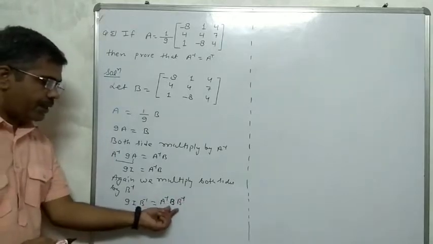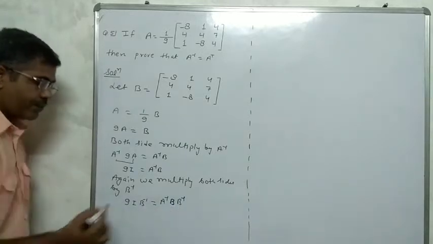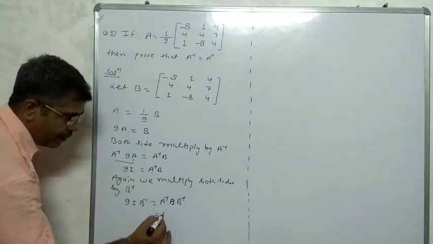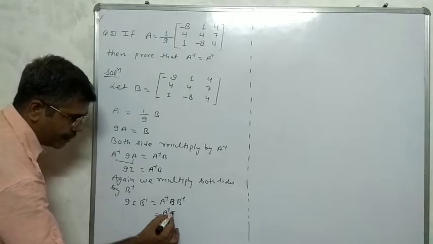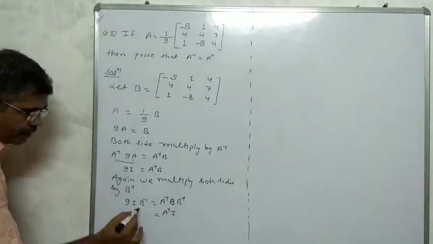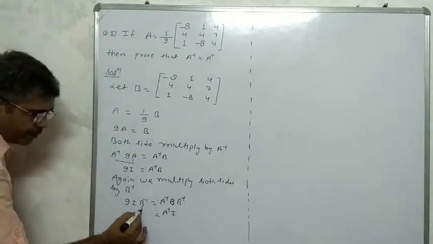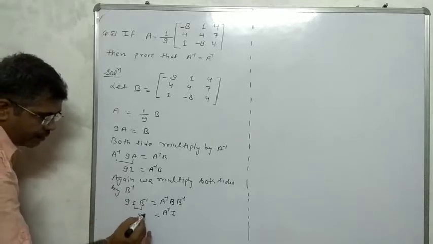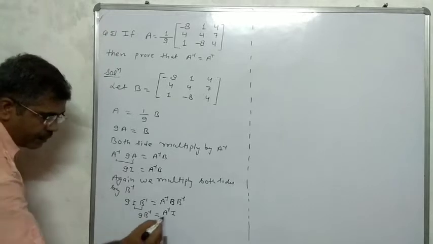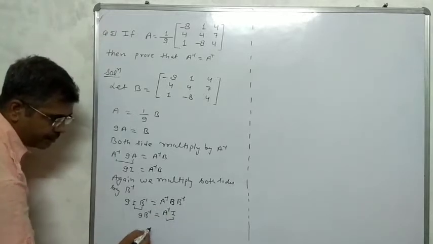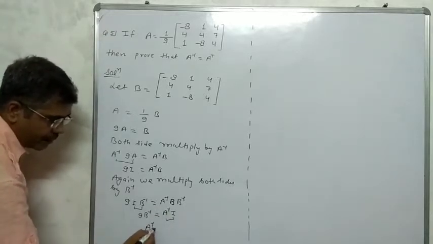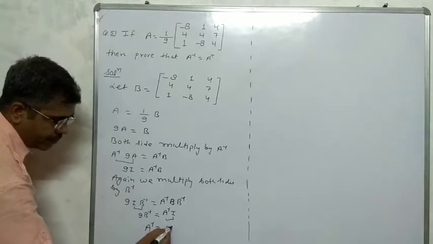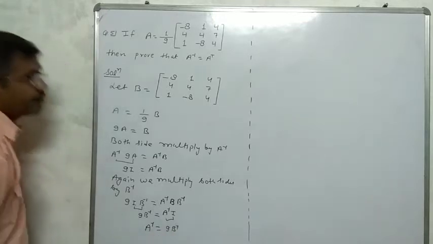Again, B into B inverse is unit matrix I, and B inverse into I is B inverse, so A inverse equals to 9 times of B inverse.